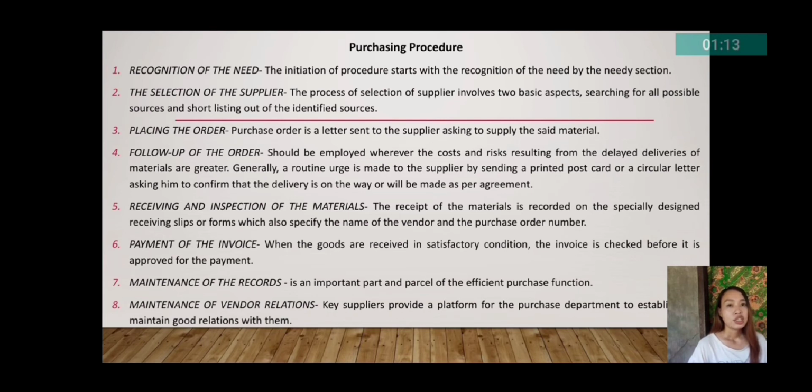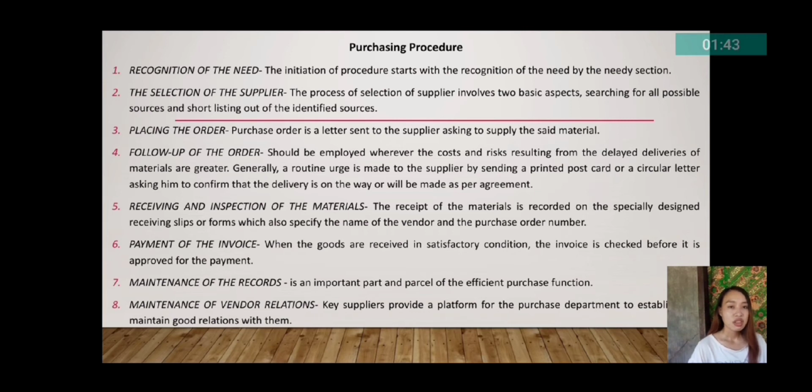Follow-up order should be employed whatever the cost, because of the risk resulting from delayed deliveries of the materials. Generally, a routine urge is made to the supplier by sending a printed card, postcard, or circular letter asking him to confirm that the delivery is on the way as per agreement.